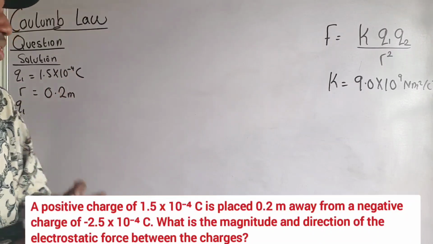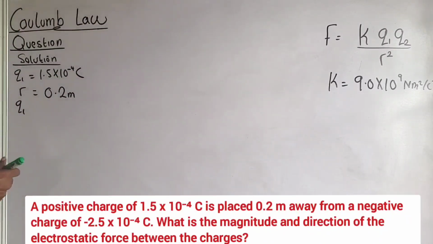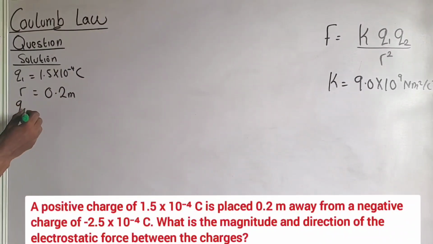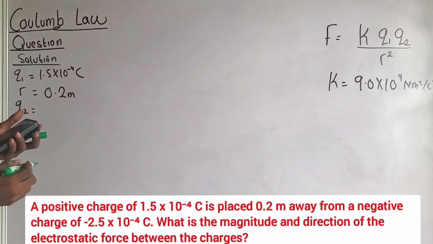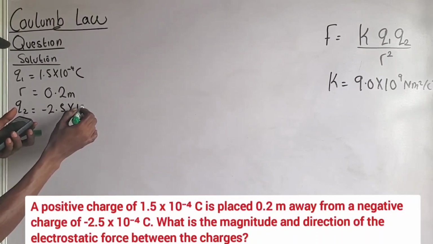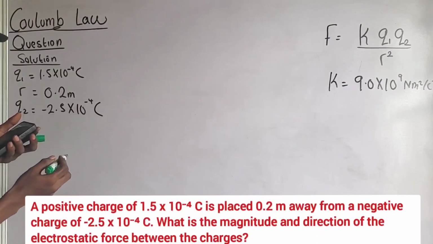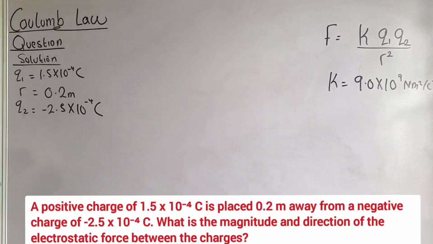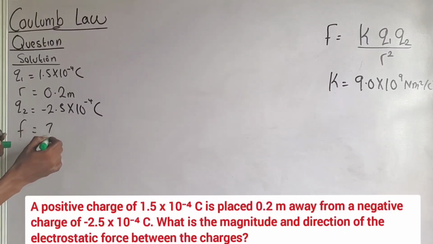Do you understand? Okay, so the second charge, which is Q2, is negative, so it is negative 2.5 times 10 raised to the power of negative 4 coulomb. Now we are looking for the magnitude and the direction, but let us first determine the magnitude.